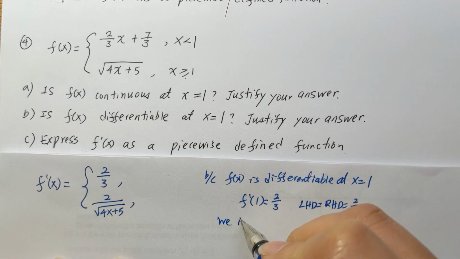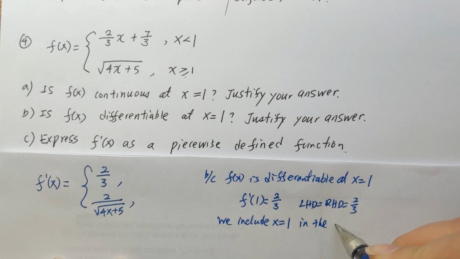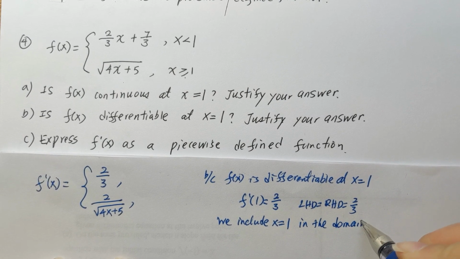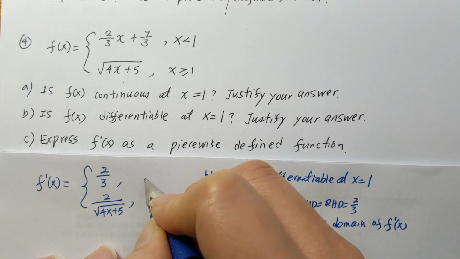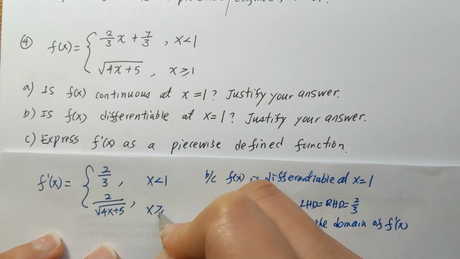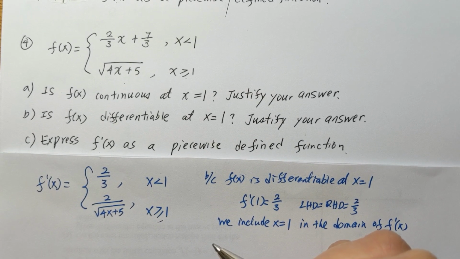So we include x equal to 1 in the domain of f prime of x. So we finished number 4.